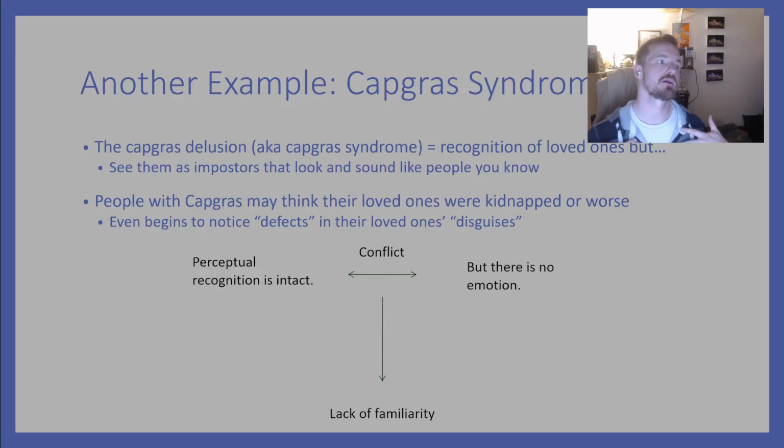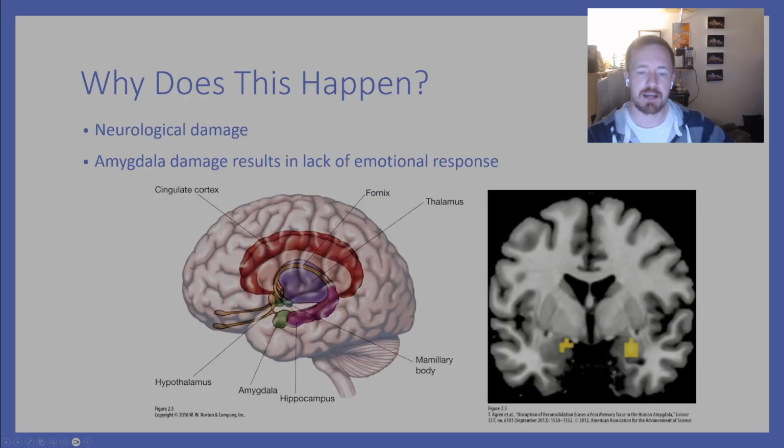But using cognitive neuroscience, we're able to actually figure out what's going on in the brain whenever people have Capgras syndrome. By scanning the brains of people with Capgras syndrome, they found that it's usually because of neurological damage, specifically damage to the amygdala.